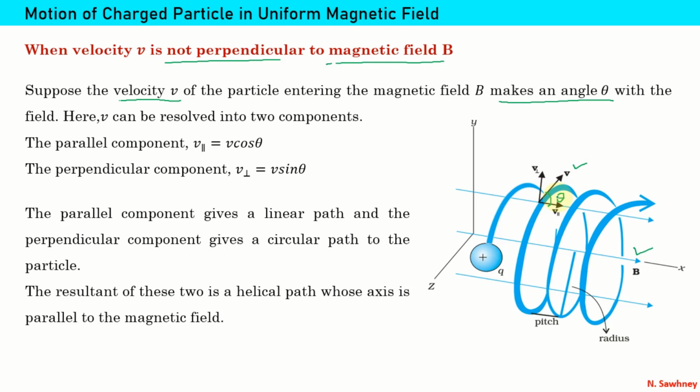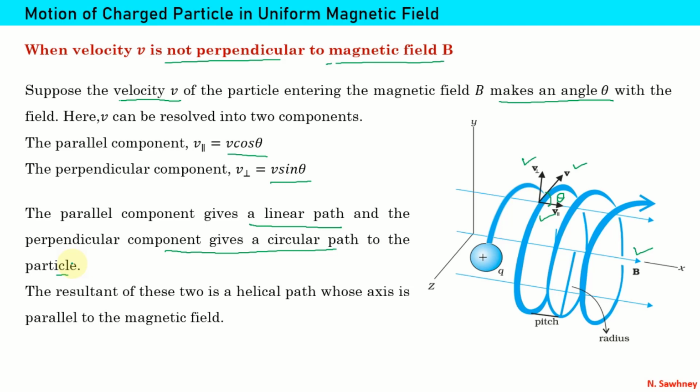So we can resolve this velocity in two components, the parallel component and the perpendicular component. The parallel component will be v cos theta and the perpendicular component will be v sin theta. The parallel component will give a linear path and the perpendicular component will give the circular path to the particle as we have just discussed.